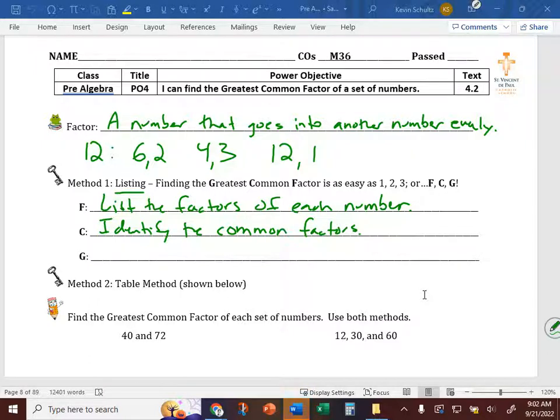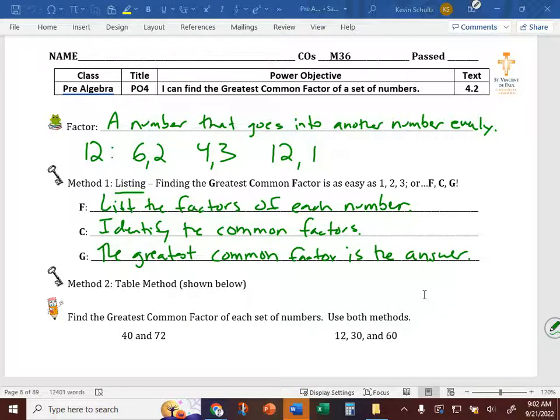What factors do both numbers share? And then the G, mirror on the wall, which is greatest of them all? The greatest of the common factors, greatest common factor, is the answer.